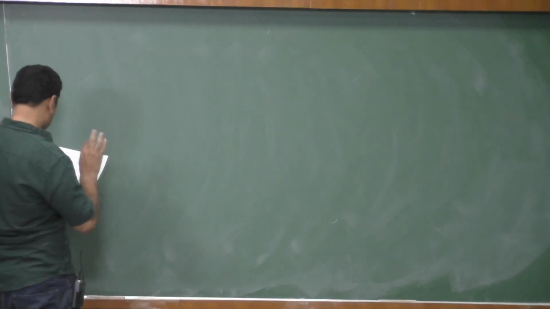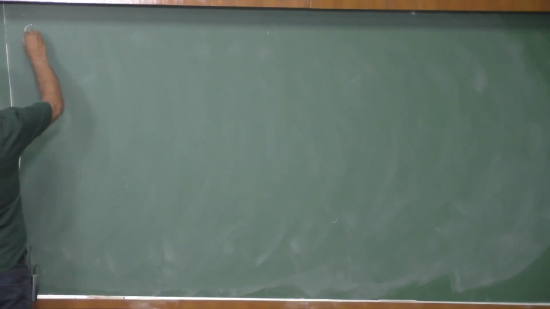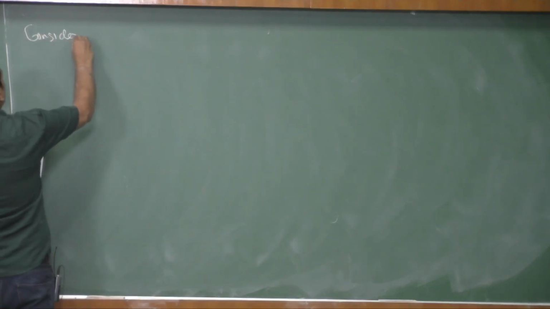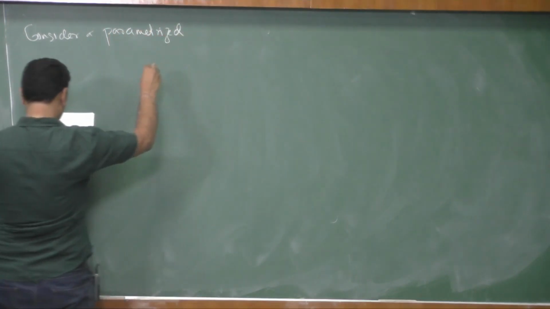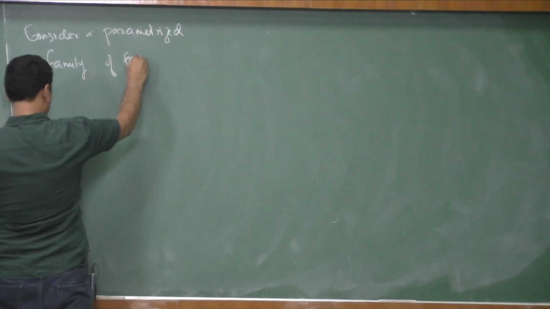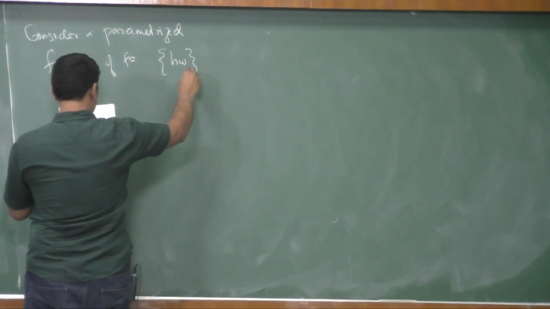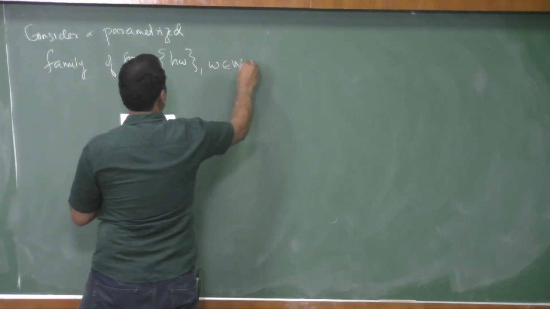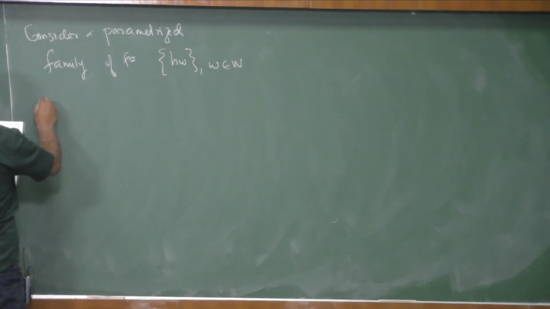So if I have to just write down the main GAN objective, the WGAN: consider a parameterized family of functions. In this case, we are changing the notation a little bit, so it's H_W, parameterized by W, and W are the parameterization weights. The very popular choice, as I said, is neural networks.